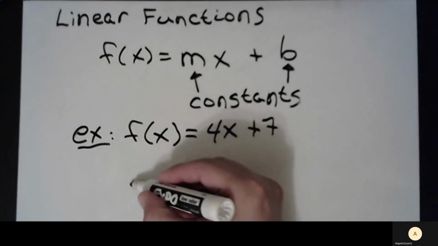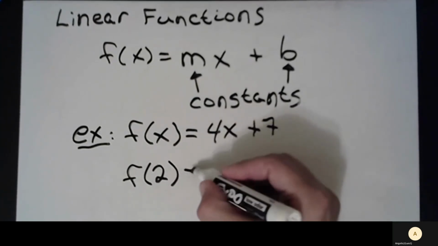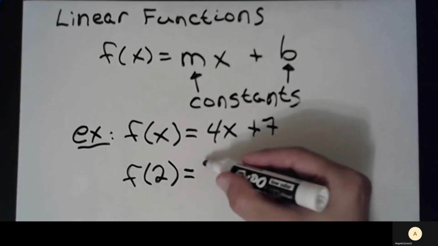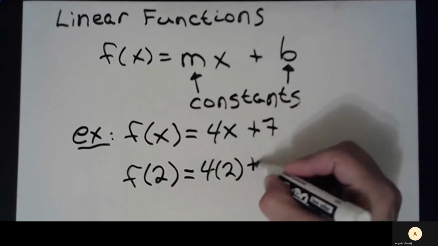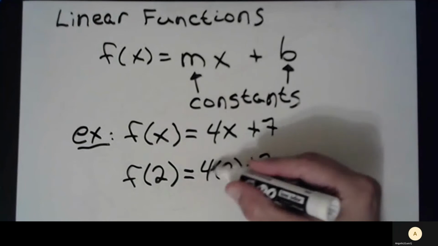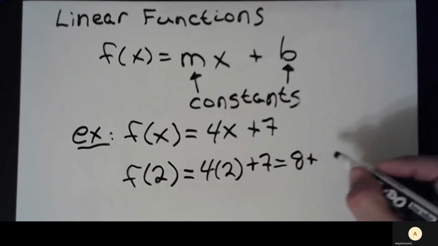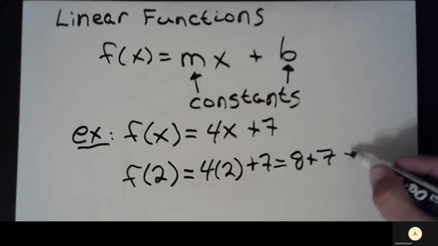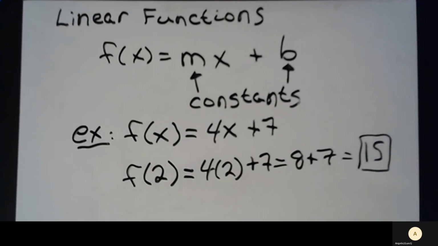Well, we might be interested in computing f of 2. So this will become 4 times 2 plus 7. And again, we do the multiplication first, and that's going to give us 15.